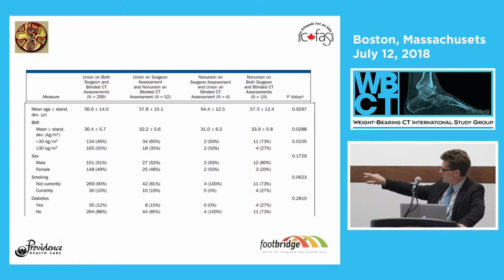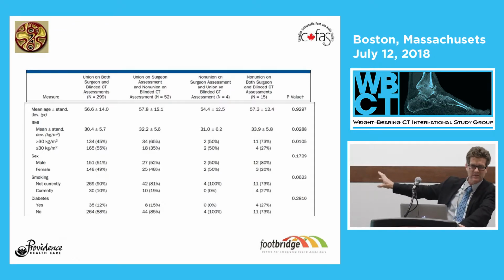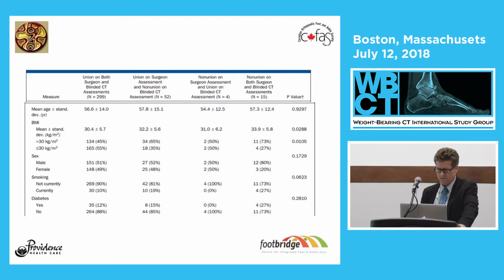Not many fell into the group where the surgeon felt they weren't healed and the CT said they were. And then 15 patients where both the surgeon and the CT agreed. So it's interesting to me also that the number of times the surgeon and the CT agreed on non-union was less than where the CT said they were not united and the surgeon said they were.